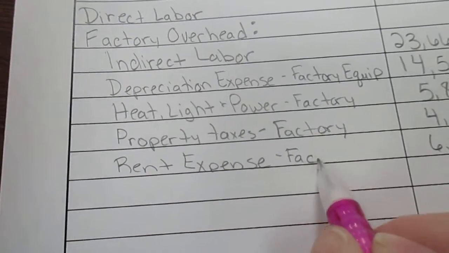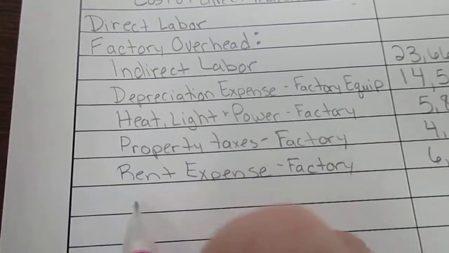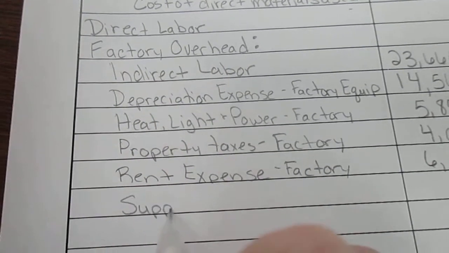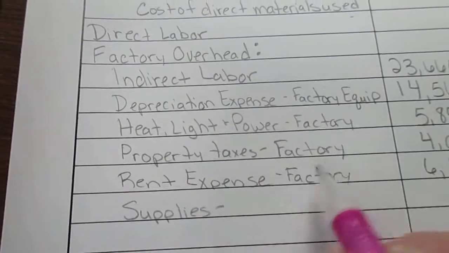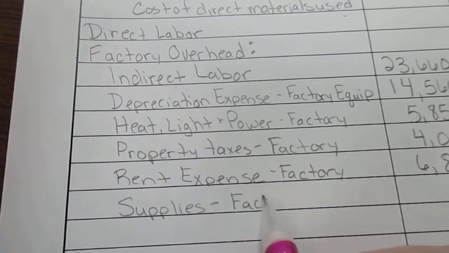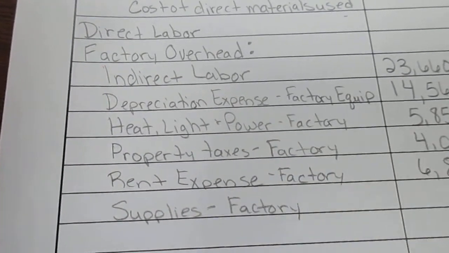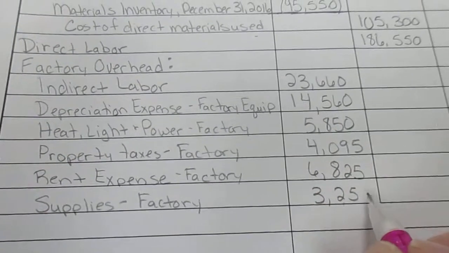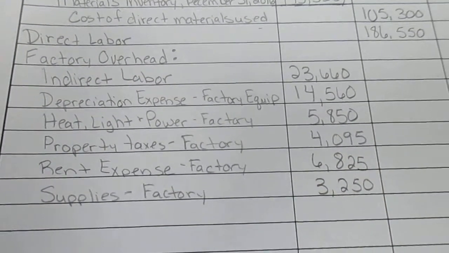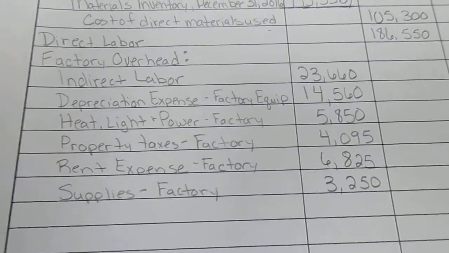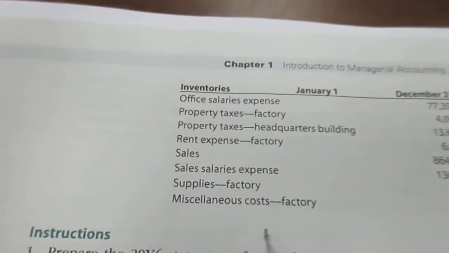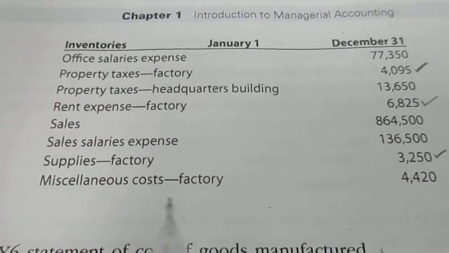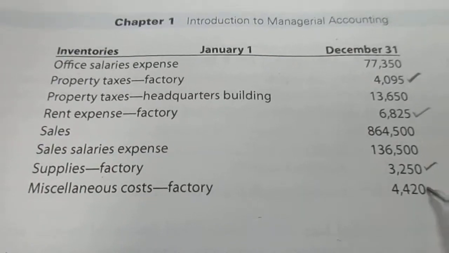Nope, I forgot the word factory after rent. There we go. And then the last one is miscellaneous costs for the factory, $4,420.